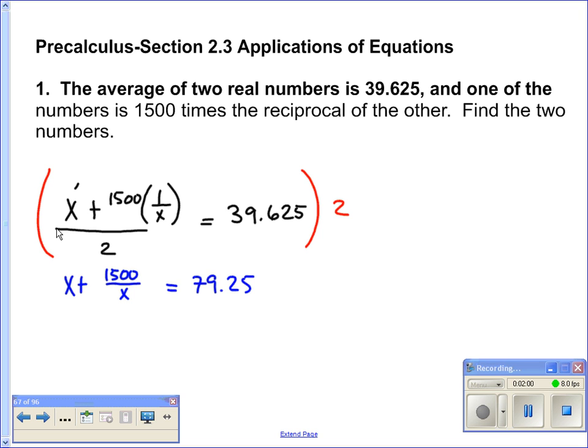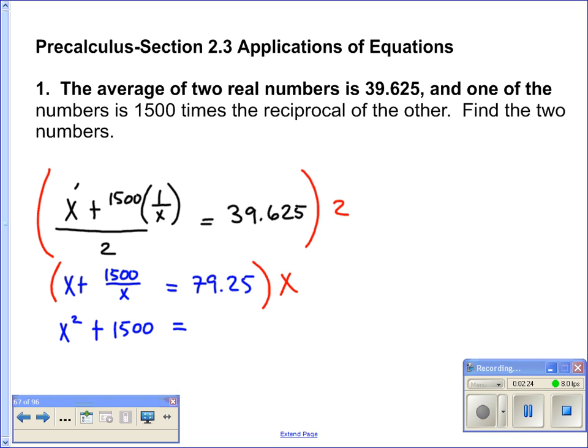Now, from the information we're given in the word problem, since we have an x in the denominator, x is not going to be equal to 0. So I'm going to now multiply both sides by x. And when I multiply both sides by x, I will get x times x is x squared, plus when I multiply x times the 1500 over x, the x's cancel out, and I'm left with the 1500.